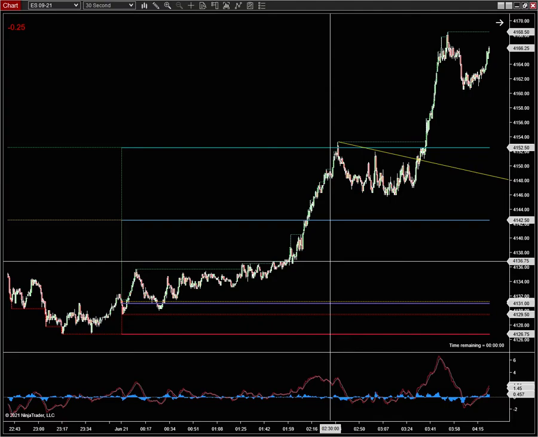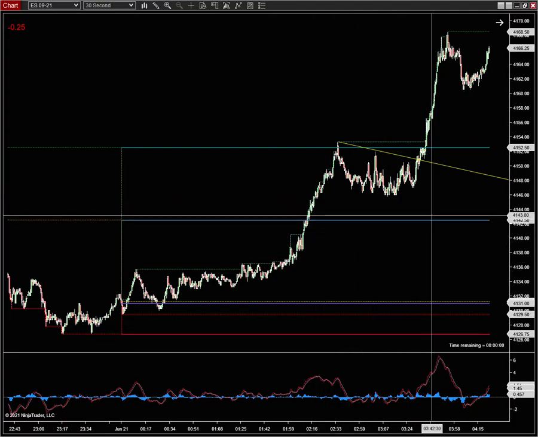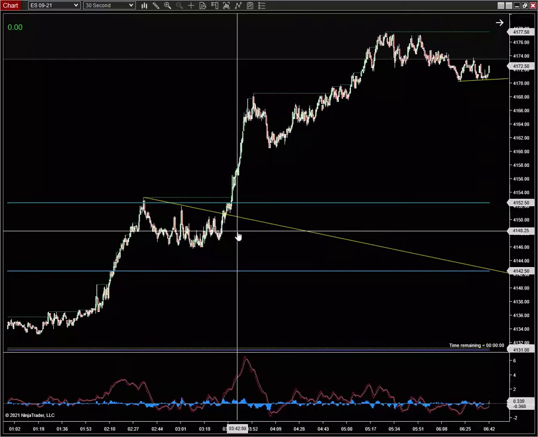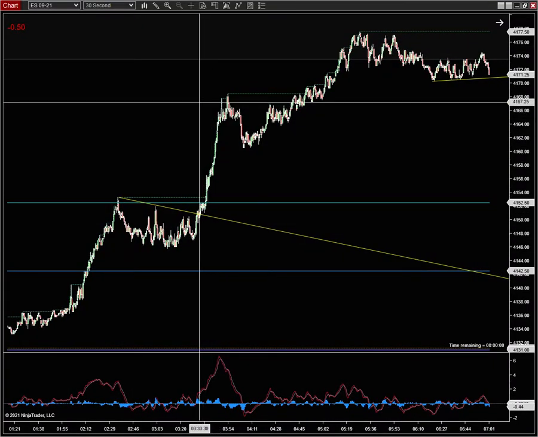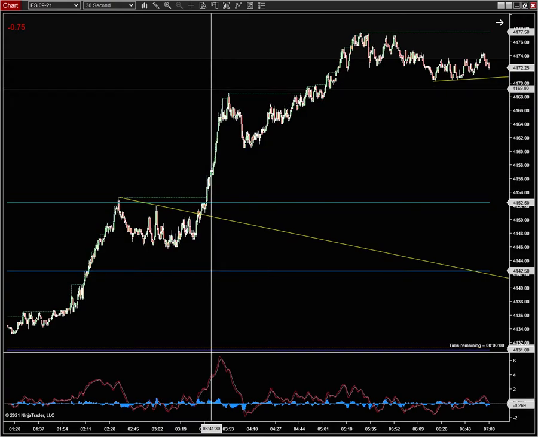The next best trend line is the pennant. And you could argue that this is a pennant.